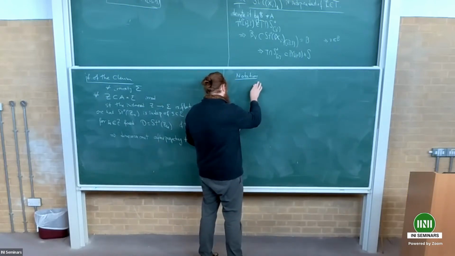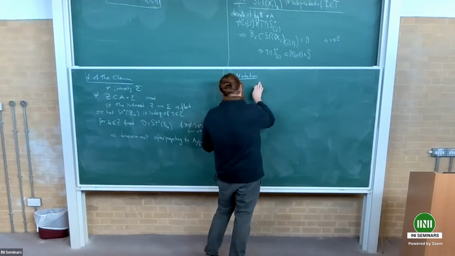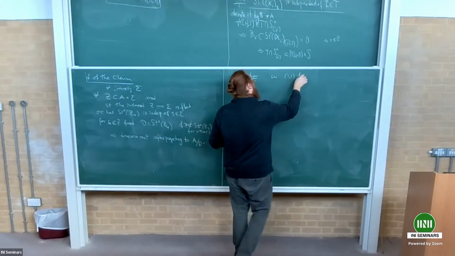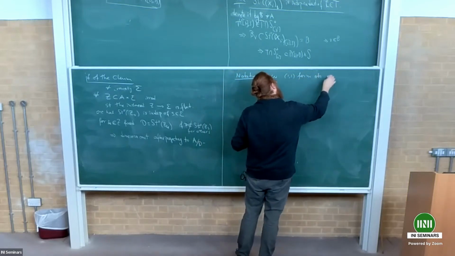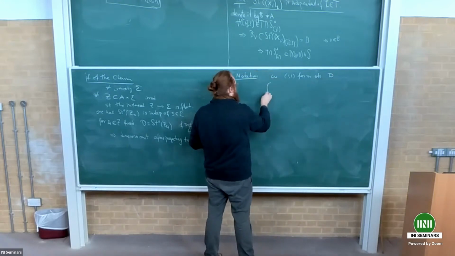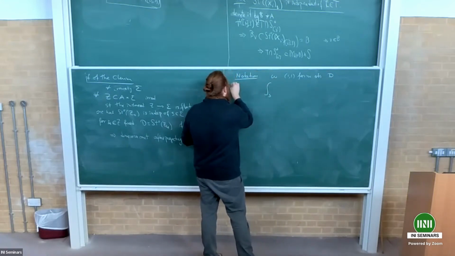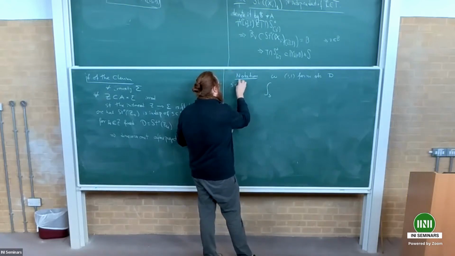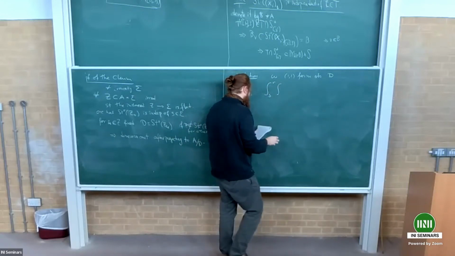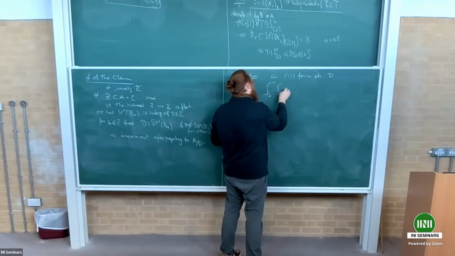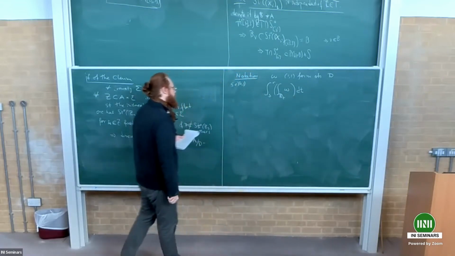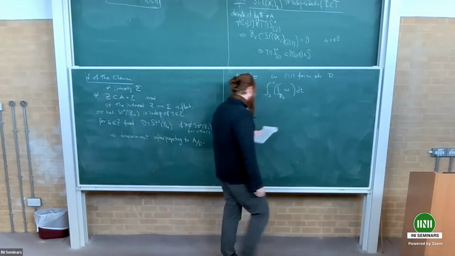And so I will introduce a notation to simplify. If you have an omega 1 form on D, then I will denote the integral over S in 1, 0 and 0, 1. This was the integral which always appeared in L1's talk, and so I will give it a name.